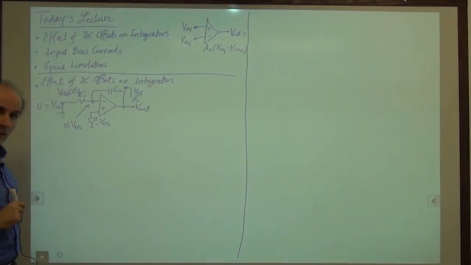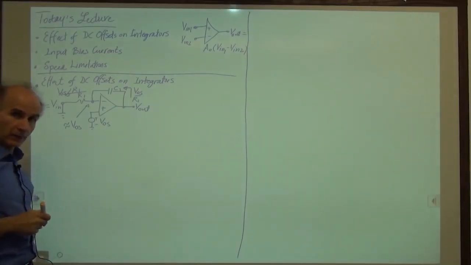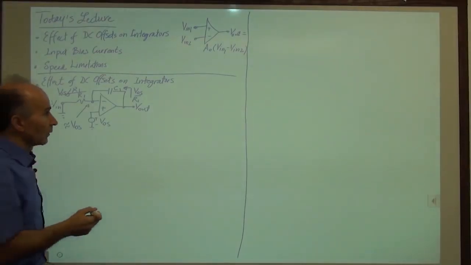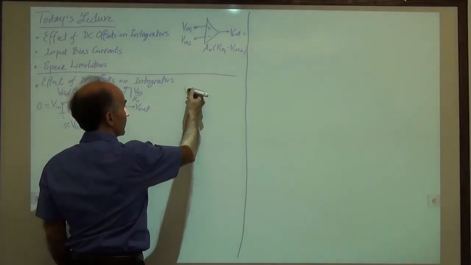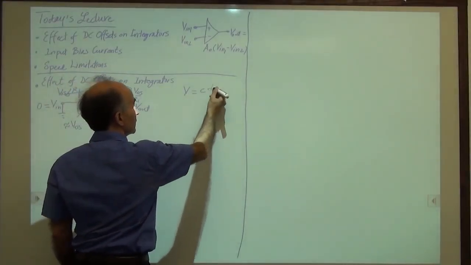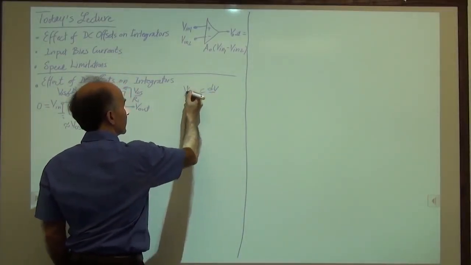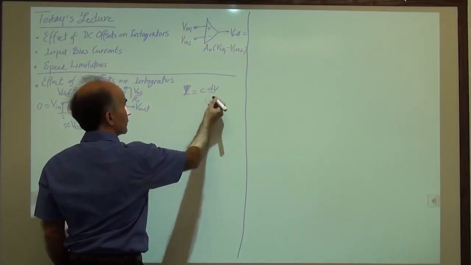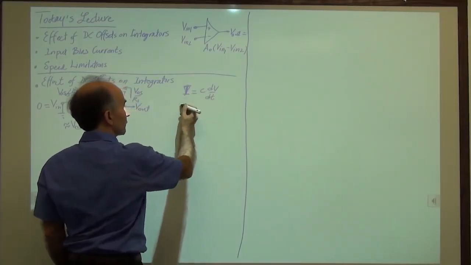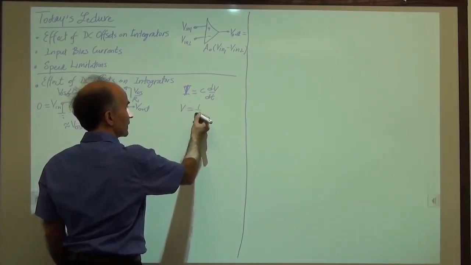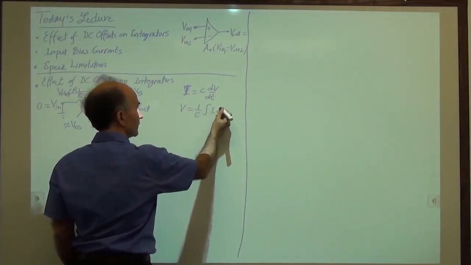All right. Now if I have a current through a capacitor, I can find its voltage. What we know is that the current through a capacitor is equal to C dV over dt. So the voltage on a capacitor is 1 over C integral of I dt.